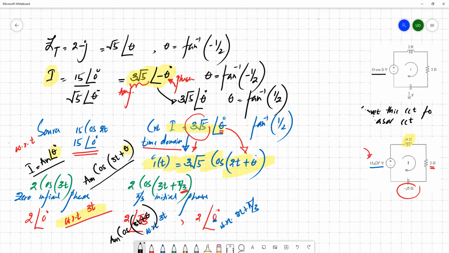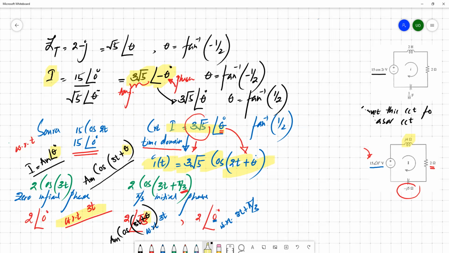The theta that appears here embeds this 5 by 3, because we used the 5 by 3 in the phasor. So you don't need to worry about it.